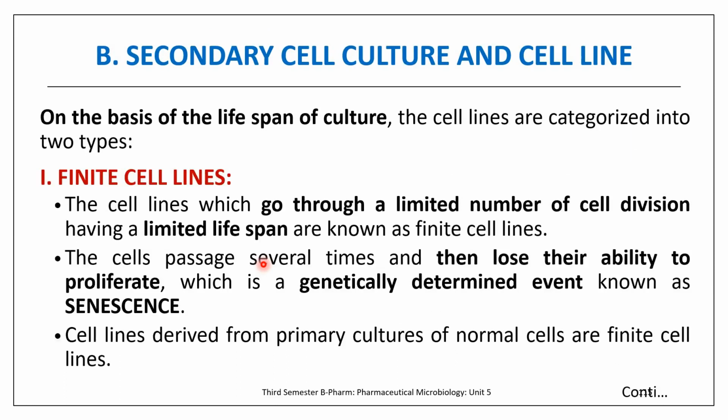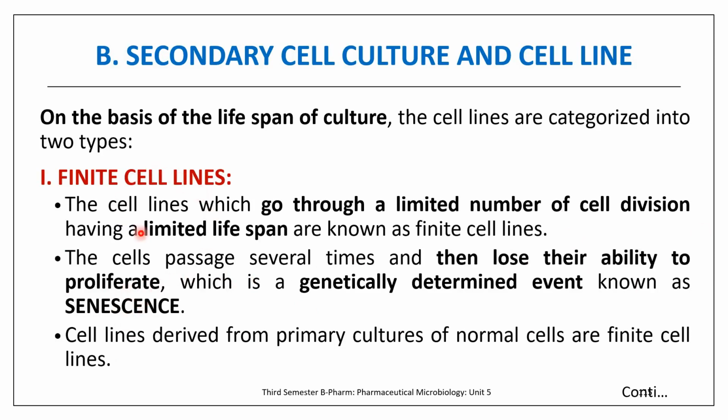So those kinds of cells are known as finite cells. After several passages, after several cultures, they will lose their ability to proliferate. This is a genetically determined event of losing the ability to proliferate. That is known as senescence.